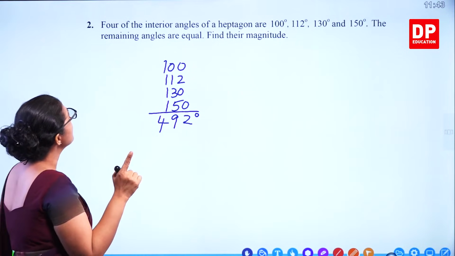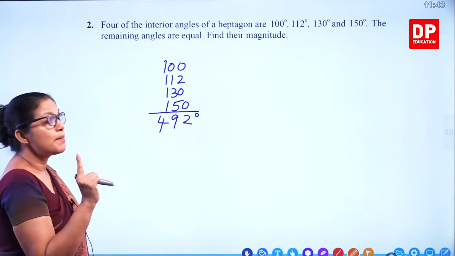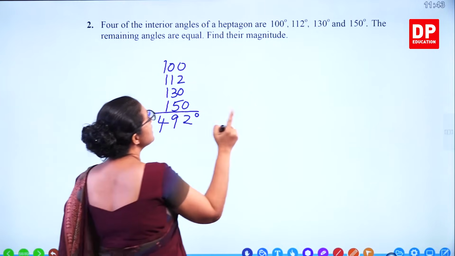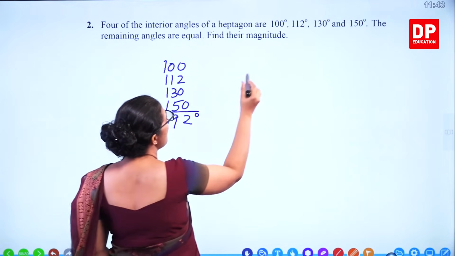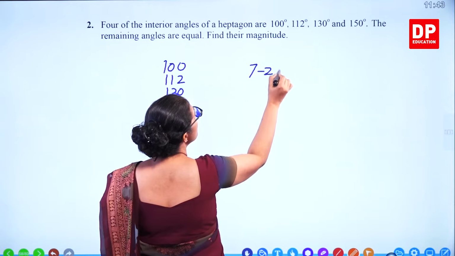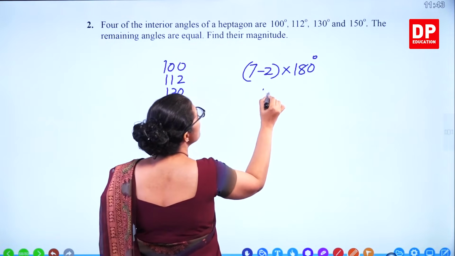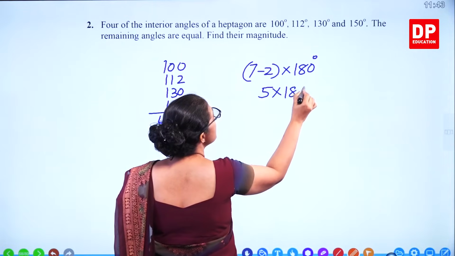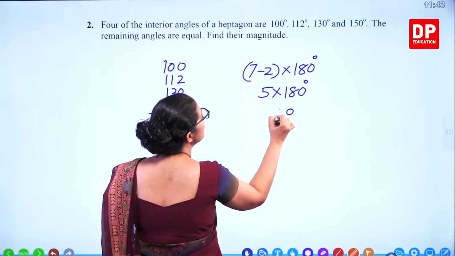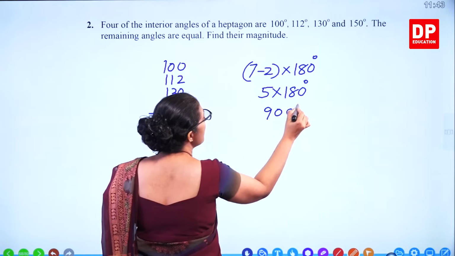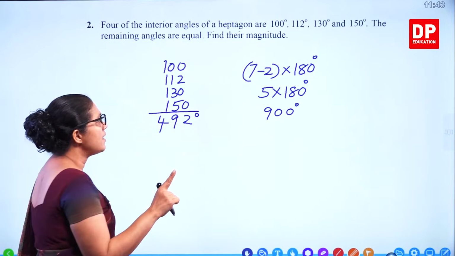So heptagon, 7-sided polygon. So what's the total sum? Total sum is 7 minus 2 into 180. So you get 5 times 180, 900. So 900 is there.